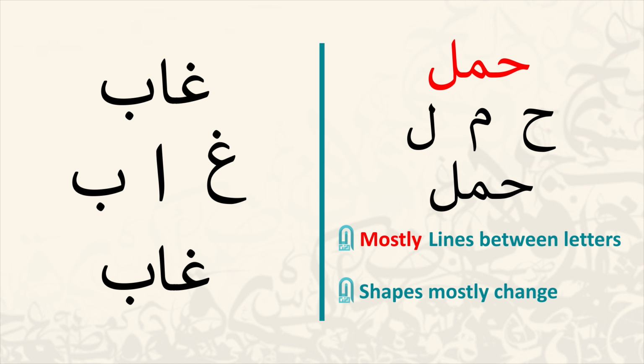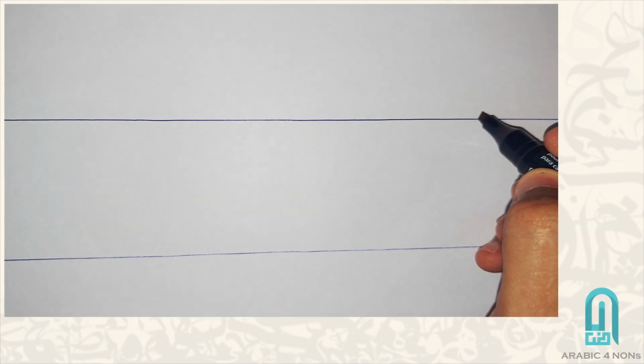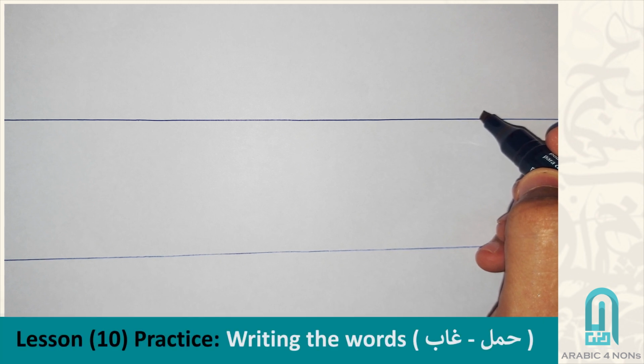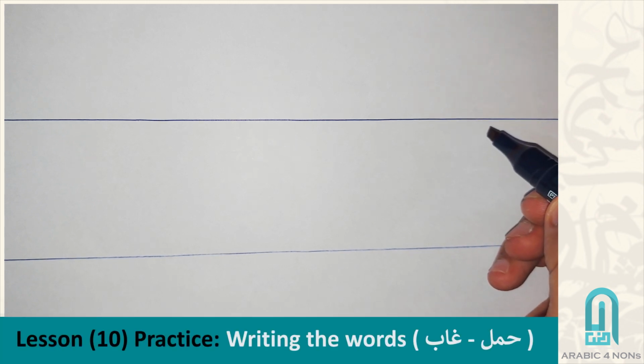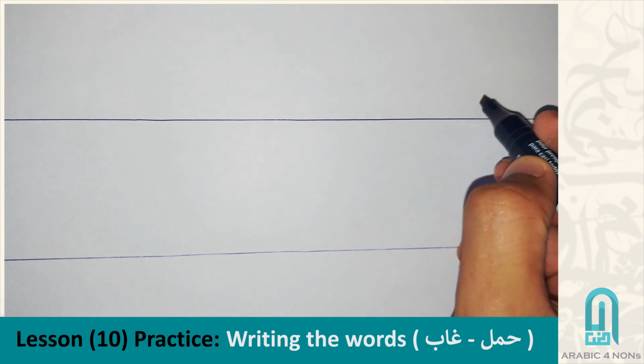Now, let me write these two words manually. Okay, let's start with the first word, حمل. I will write the shaped format directly. There is no need to write the isolated format first and then shaping it. So I will start with the first one, letter ح.